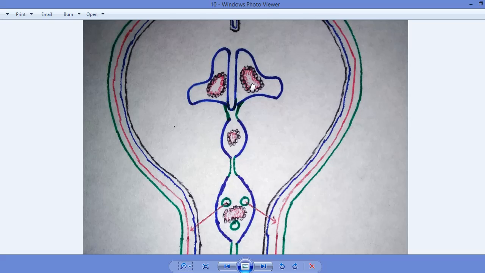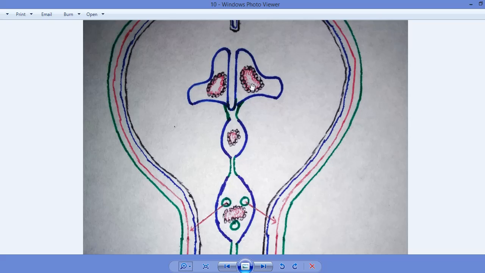The composition of the cerebrospinal fluid and plasma is just about the same, but plasma contains a large amount of protein, while the cerebrospinal fluid contains a very low amount of protein and some white blood cells also.